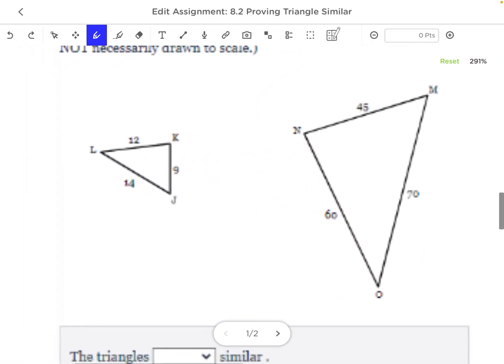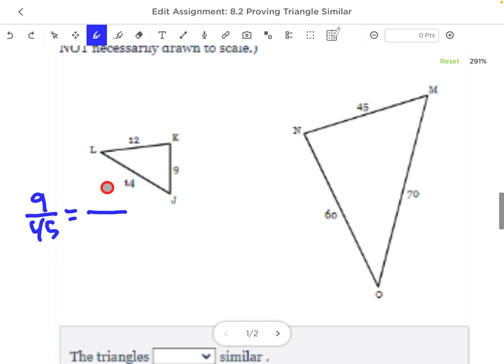All right, on this first one, let's look at the smallest number. That's one way to look at it. The smallest one obviously is 9, so we want to see 9 over the smallest over here, which is 45. We want to see what that reduces to, and compare it to the other ones.